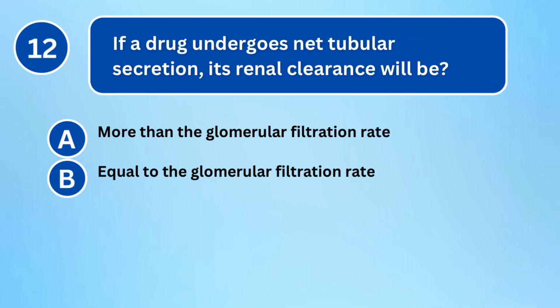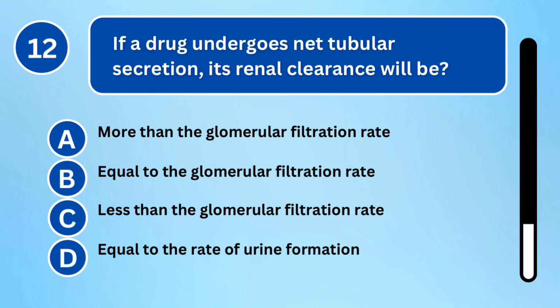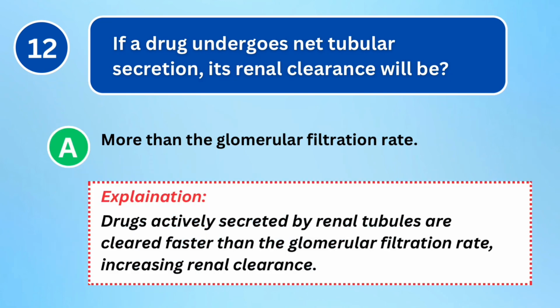If a drug undergoes net tubular secretion, its renal clearance will be a. More than the glomerular filtration rate, b. Equal to the glomerular filtration rate, c. Less than the glomerular filtration rate, d. Equal to the rate of urine formation. Correct answer, a. More than the glomerular filtration rate.